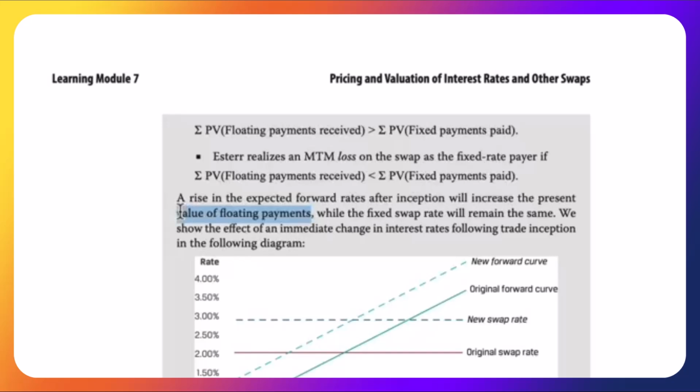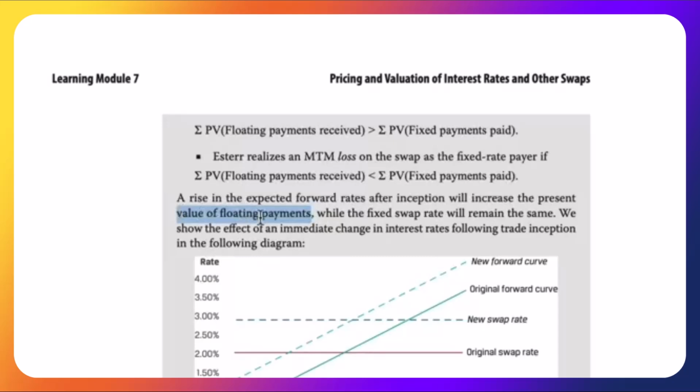Let's stop there, because I want to make sure that you see it in your head. The fixed rate is fixed. It cannot possibly do anything to affect the value of the swap because it's fixed. It's only a change in interest rates. It can't be a change in the fixed rate. It must be a change in interest rates. If we're receiving the floating rate and rates go higher, we will receive a higher floating rate, but the fixed rate doesn't change.